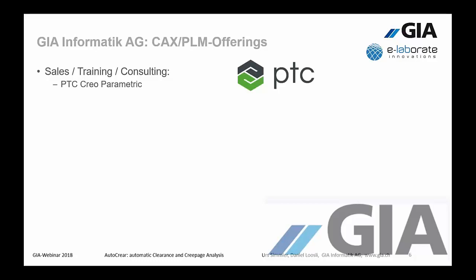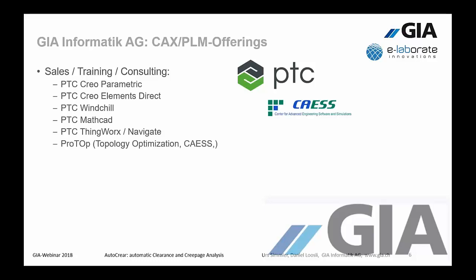In the environment of PTC, we work with the products Creo Parametric, Creo Elements Direct, Windchill and MCAD, ThingWorx and Navigate, and other products from PTC. Beside that, we're working with partners. This is a partner from the topology optimization environment called CAESS.